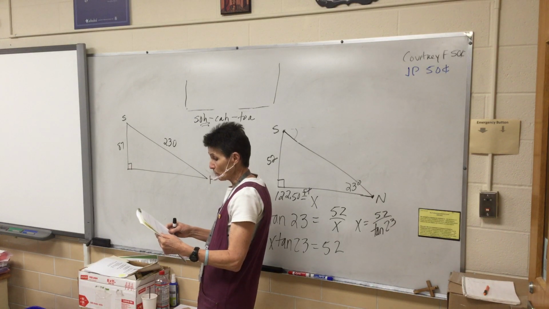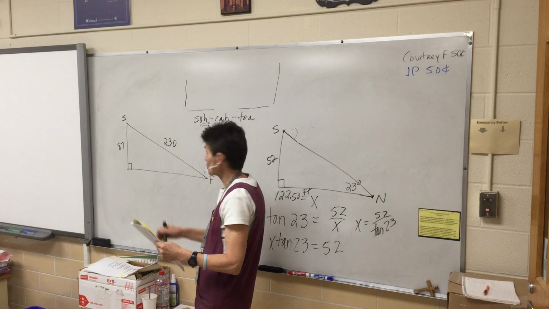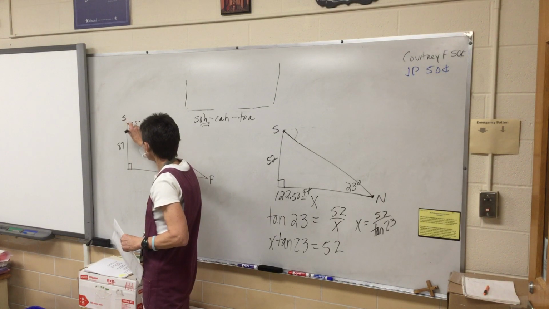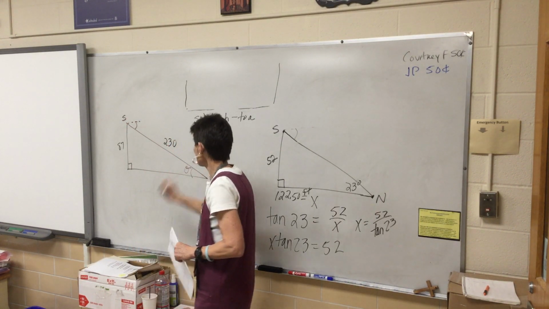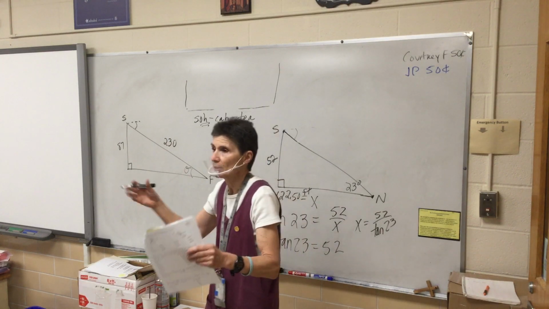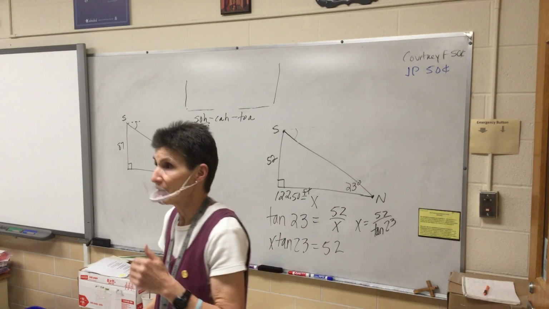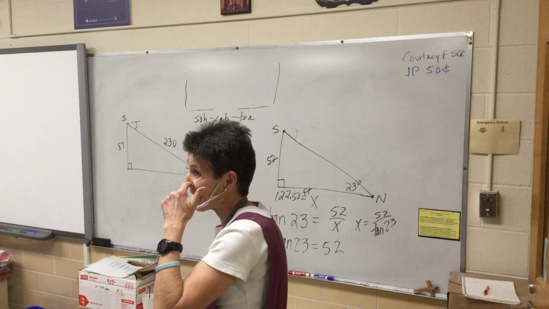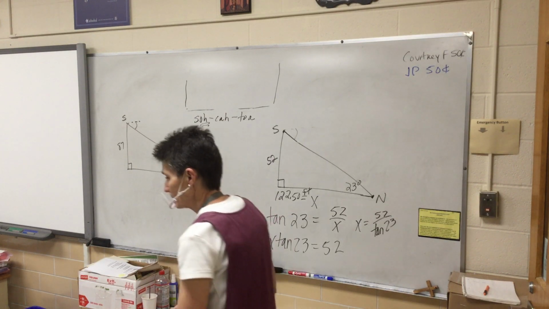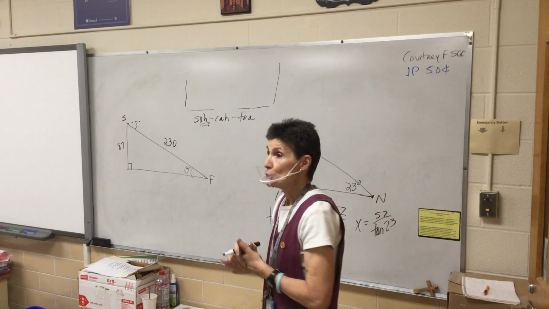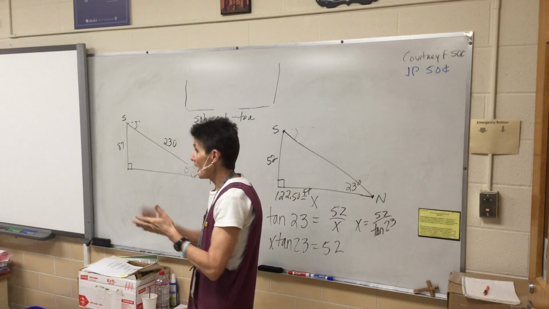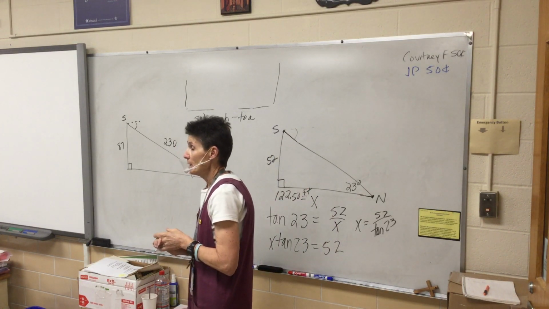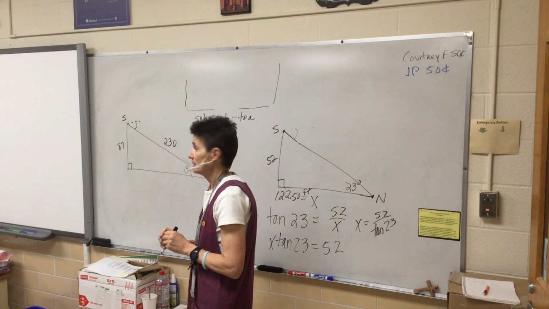Find the angle of depression from the gull to the fish. Now, technically, this is what you're looking for. But we said we're always going to put it in our triangle. So this is our theta, or our x. I don't care what letter you use. That's your variable. You're looking for the angle this time. You are going to set up an equation using either sine, cosine, or tangent, depending on the sides.